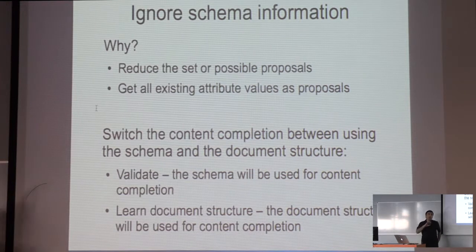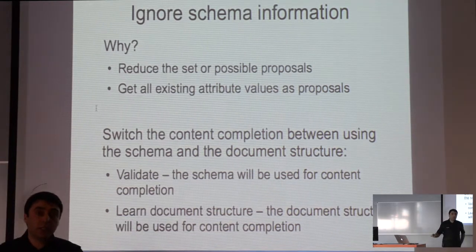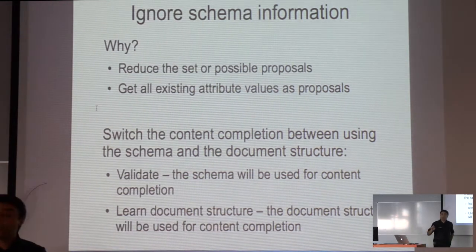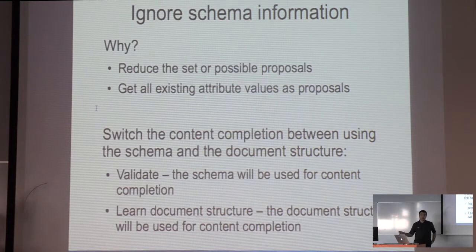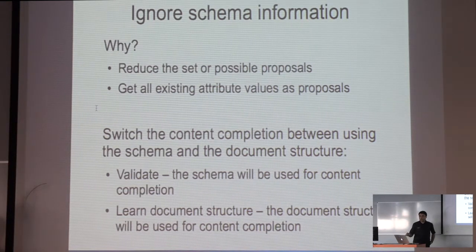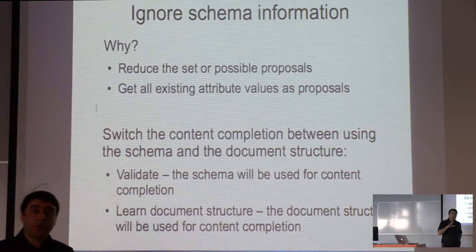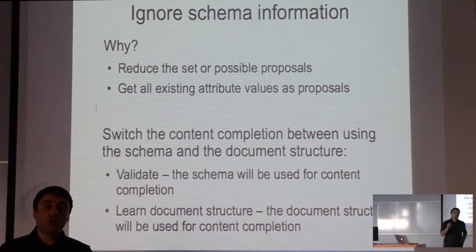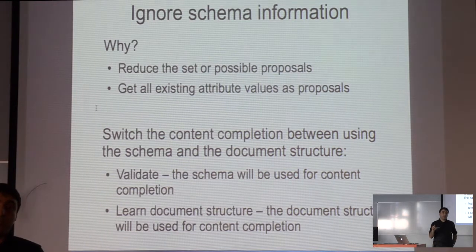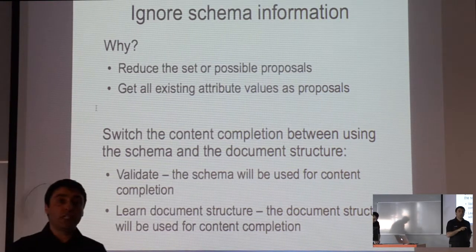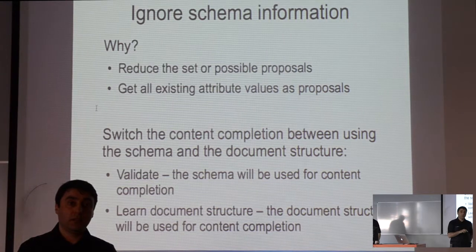Now, an interesting idea of this is that Oxygen can also ignore schema information. So you have a document with a schema, but you can choose to ignore the schema information and learn the document structure instead, right?